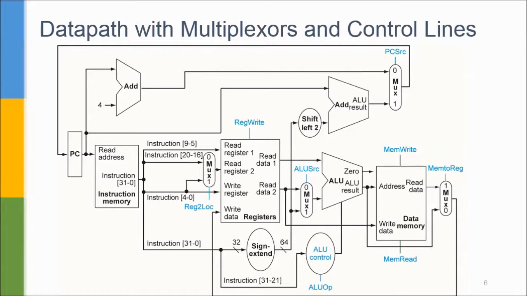Since all the multiplexers have two inputs, they each require a single control line. This figure shows seven single-bit control lines plus the 2-bit ALU operation control signal. We have already defined how the ALU OP control signal works, and it is useful to define what the 7 other control signals do informally before we determine how to set these control signals during instruction execution.